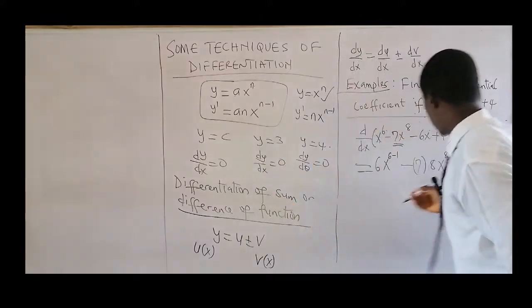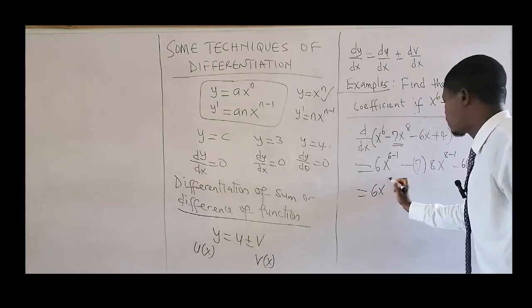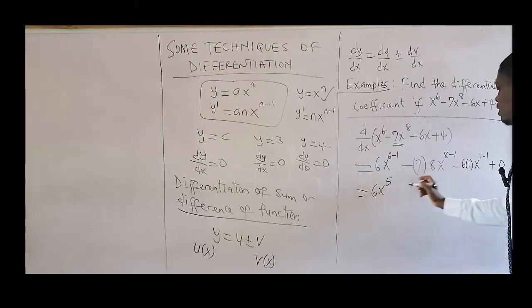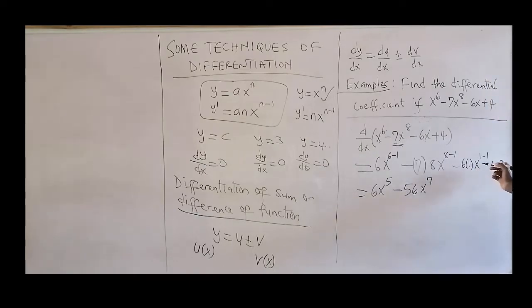So that will be 6 times 1 times x^(1 minus 1), and plus the differential coefficient of a constant, which is 0, so we don't even need to mention it. This gives us 6x^5, then 7 times 8, which is 56x^7, and 1 minus 1 is 0. Anything to the power 0 is 1, so that will be minus 6. So that's the answer.